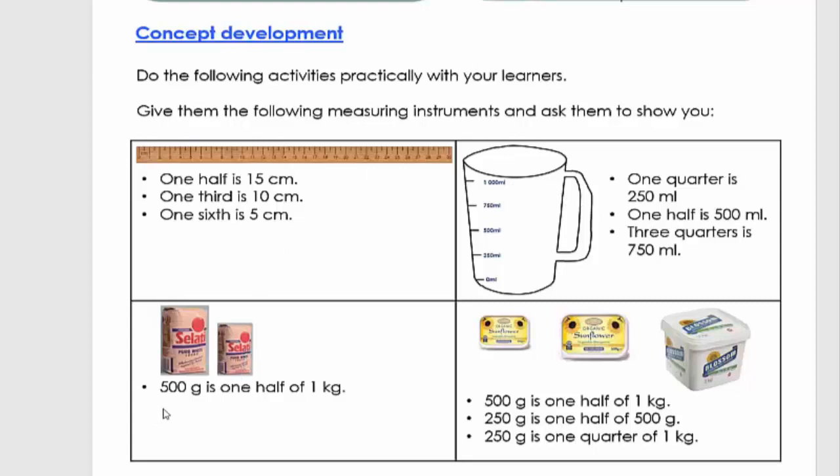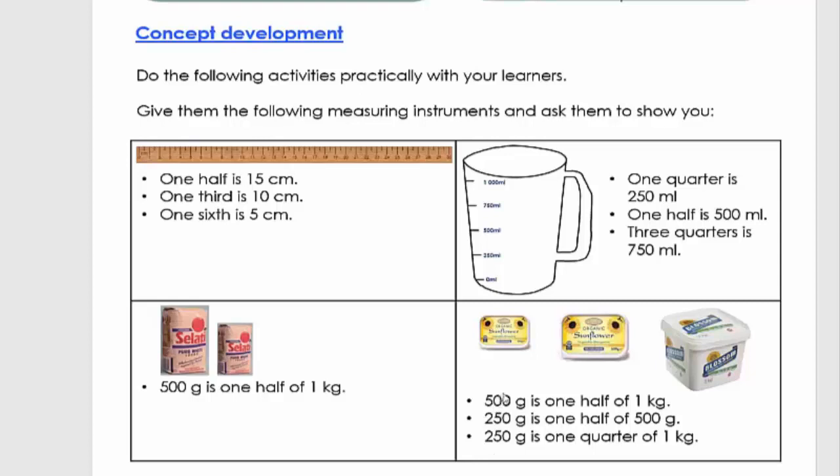So the next activity, we're going to ask, what is 1/2 of 1 kilogram? And then 1/2 of 1 kilogram is 500 grams. We can do the same or similar activity using margarine. What we have here is we can have 3 different types.